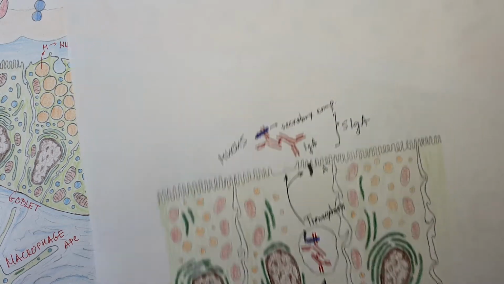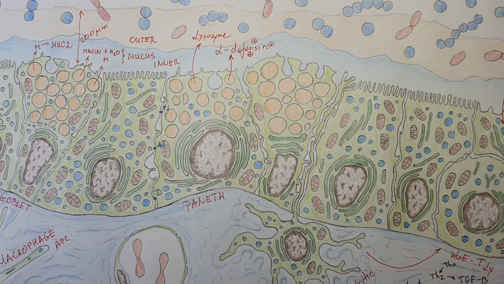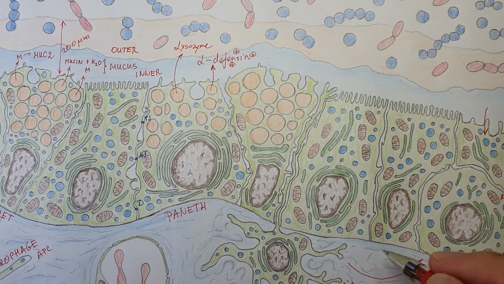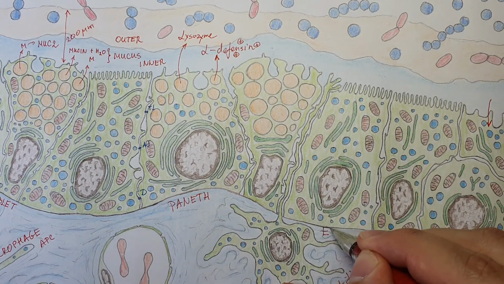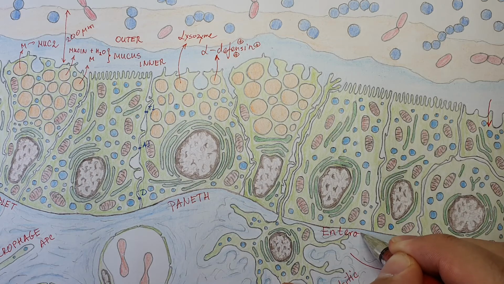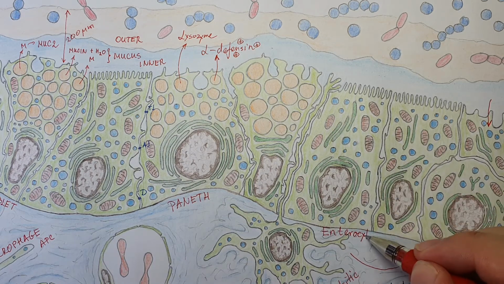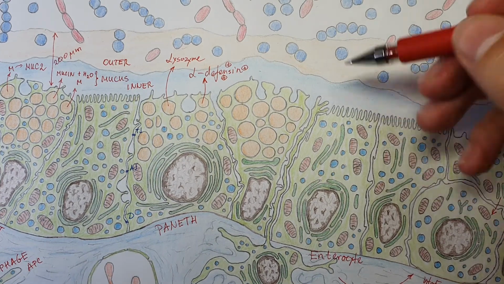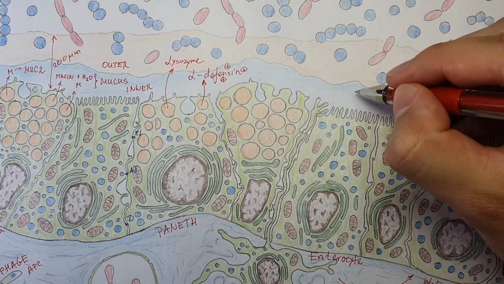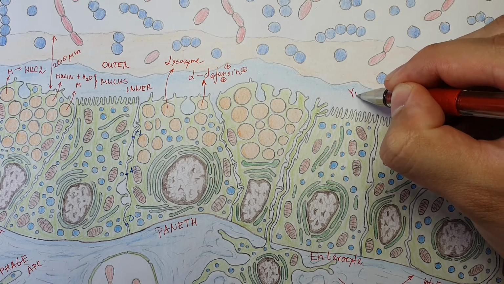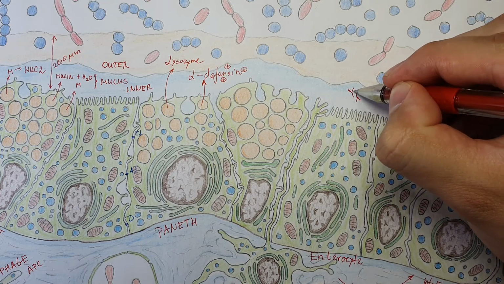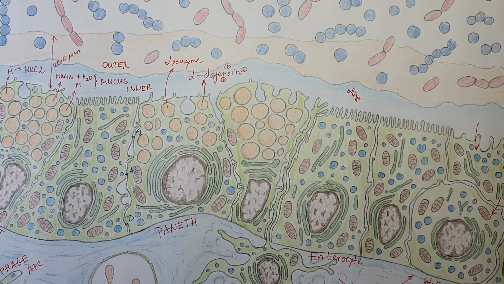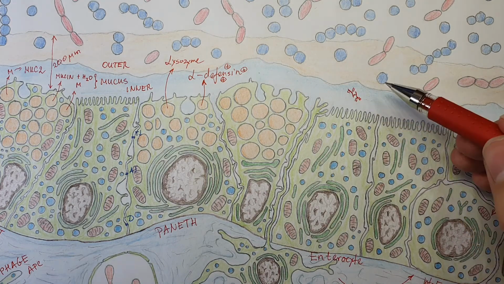IgA is a special molecule. When it is produced, transcytosed through the enterocyte, and secreted here into the lumen, this molecule now has the potential to bind to the antigen it was secreted for.